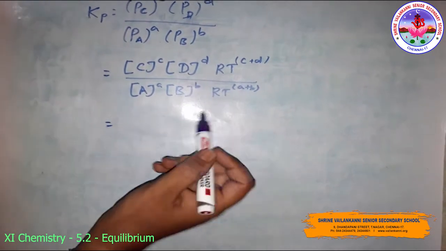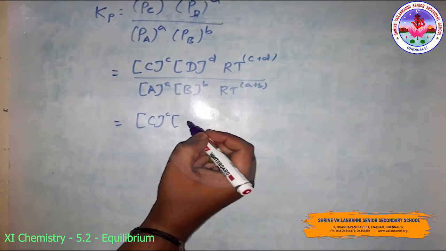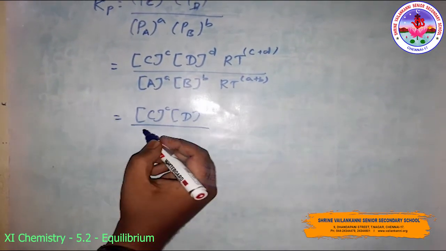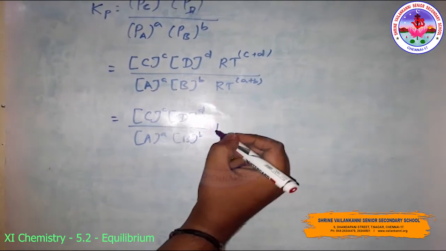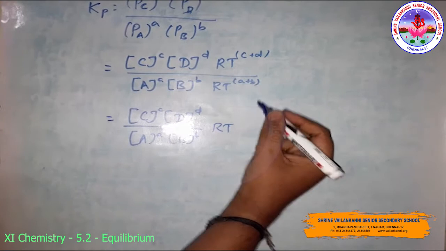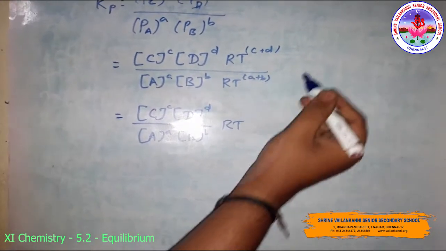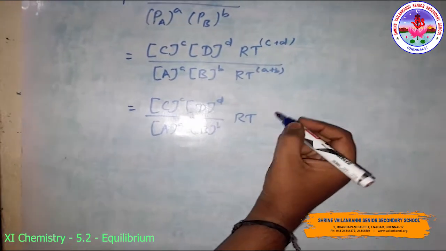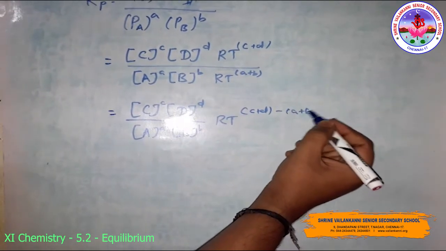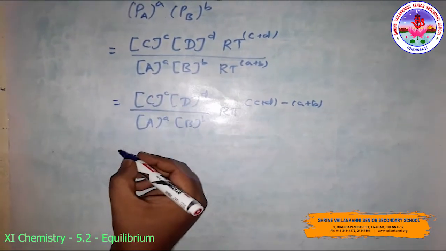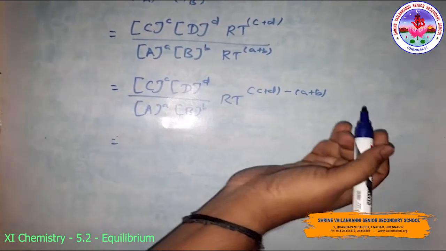On rearranging this equation, it is concentration of C power c, D power d divided by concentration of A power a, concentration of B power b, into RT power c plus d minus a plus b, because the a plus b term goes to the numerator. Finally, c plus d minus a plus b will become delta n.